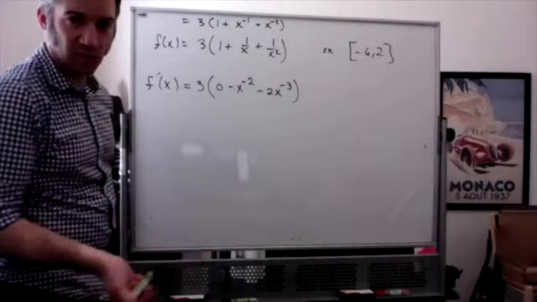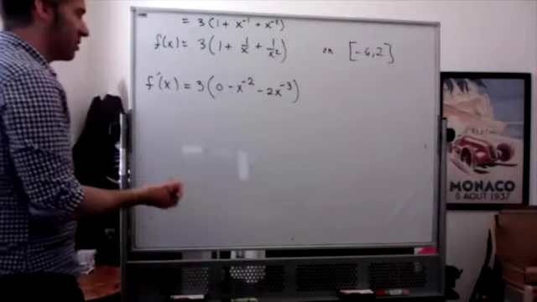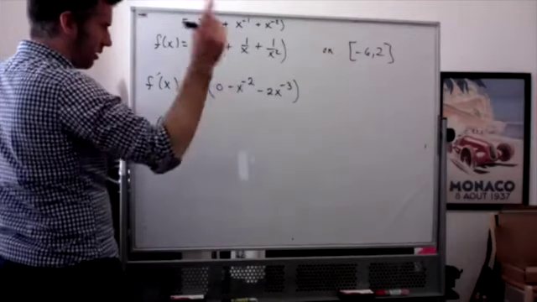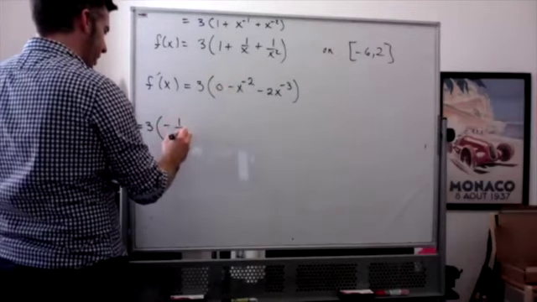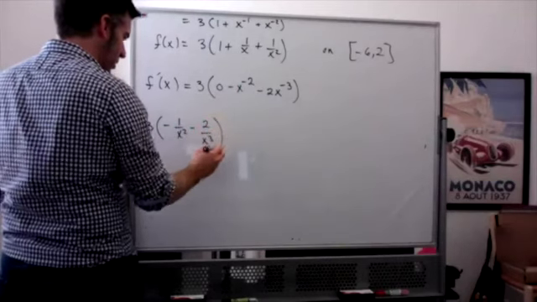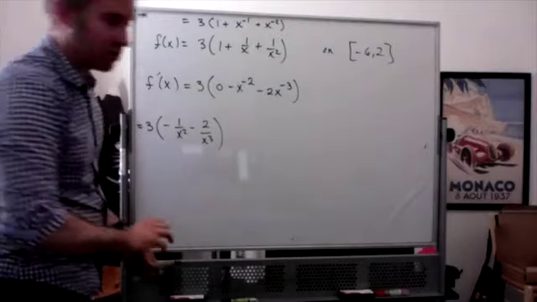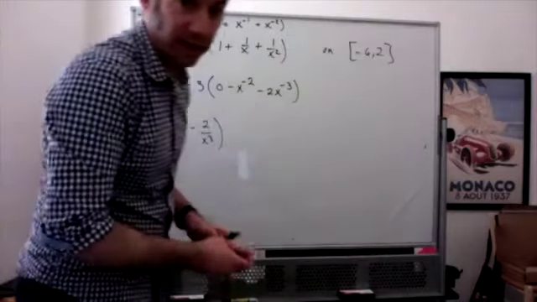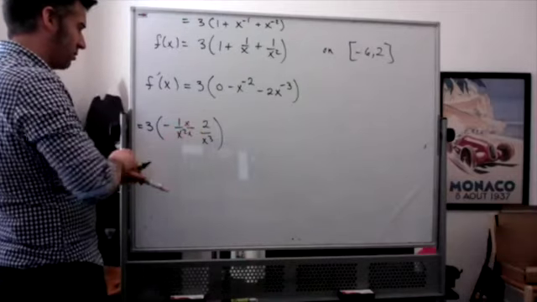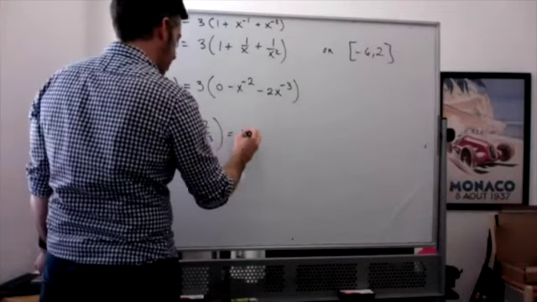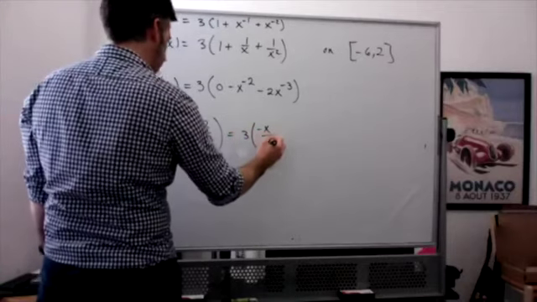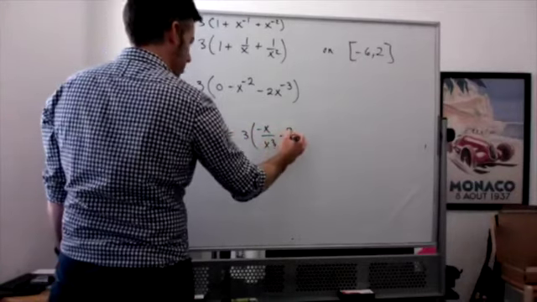Okay, that is not super helpful written that way. So let's do a little bit of simplifying. That's going to be 3 times, 0 goes away, negative 1 over x squared minus 2 over x cubed. And I'm going to multiply the negative 1 over x squared by x over x, taking the common denominator. So I'm going to have 3 times negative x over x cubed minus 2 over x cubed.